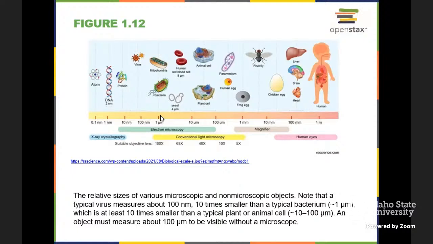Most bacteria are about 1 micron in width, sometimes a little bit longer. Some of these rod-shaped ones might be 2 microns long, 1 micron wide. Lots of the spherical bacteria are about 1 micron. Very small, and in order to see that, you've got to magnify it, and it's not just a hand lens.